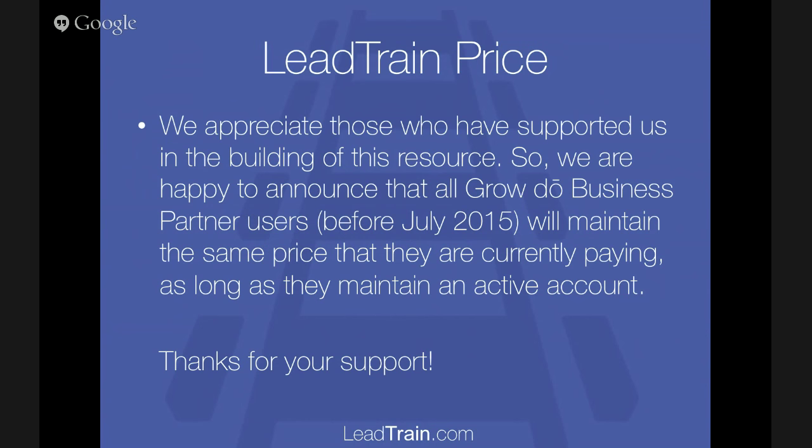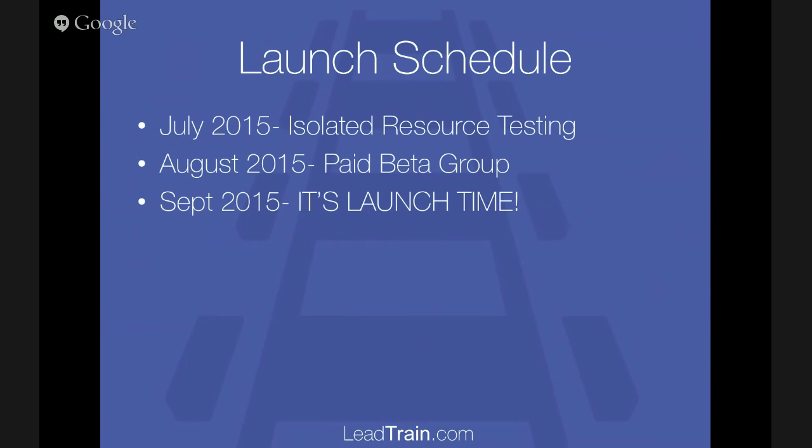So to take a look at our launch schedule now, we're now in July, and right now we're full board on isolated resource testing. Basically what that means is we want to make sure that everything is as user-friendly as it can be.